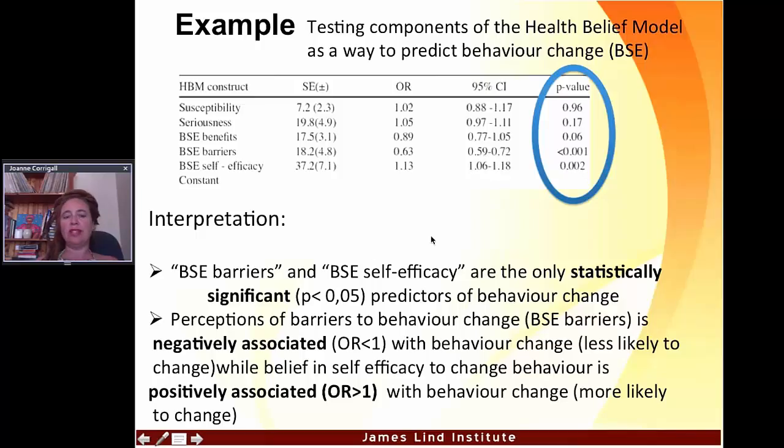So where somebody is more likely to do something, we say it's a positive association. So there was a positive association between self-efficacy and behavior change. And then where the odds ratio is less than 1, like it was over here with the person's perception of barriers, we say there's a negative association between barriers and likelihood to change behavior.